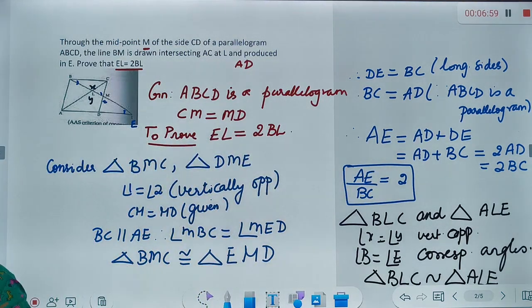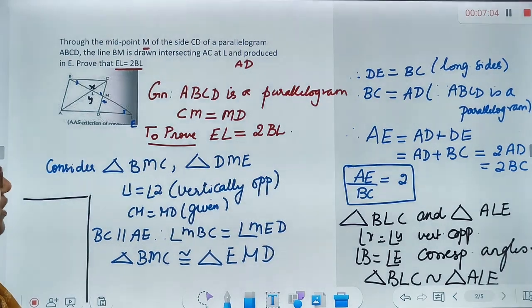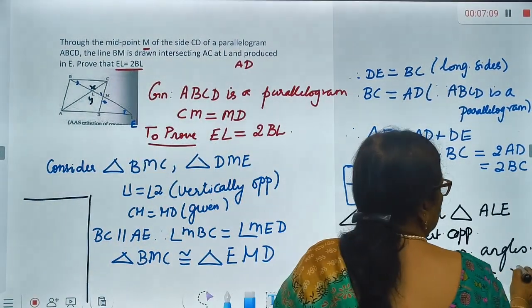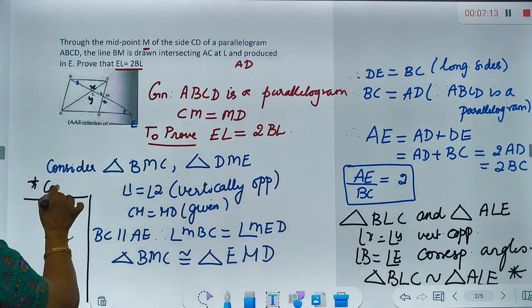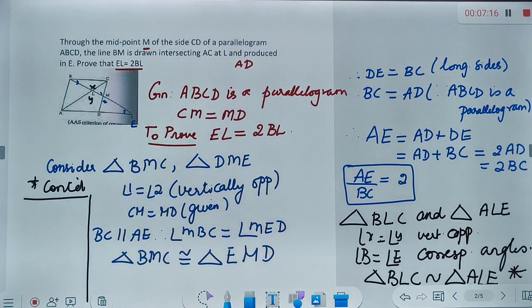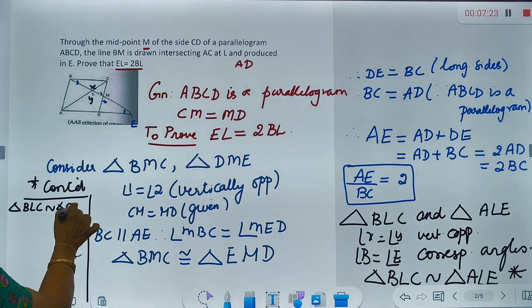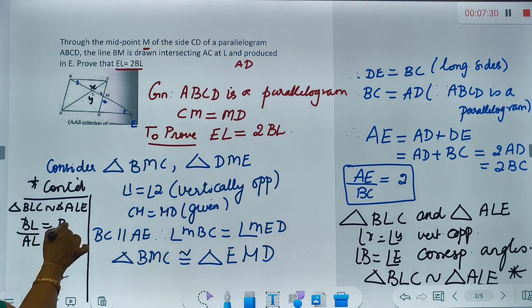I'm continuing here. So triangle BLC continuation. So I'll put a star here. If two triangles are similar, that is triangle BLC is similar to triangle ALE, so BL by AL is equal to BC by AE.